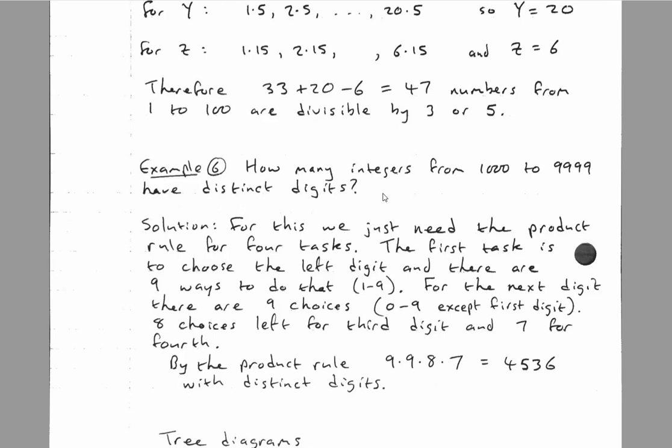Okay, example 6, another counting integers question. This time we're looking at the integers from 1,000 to 9,999. How many of the integers in this range have distinct digits?